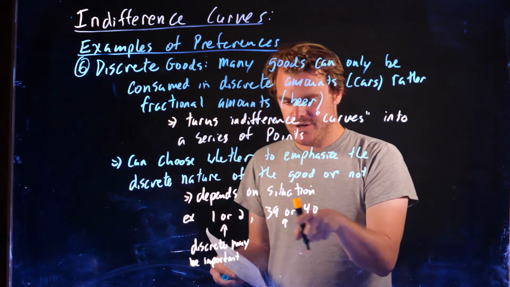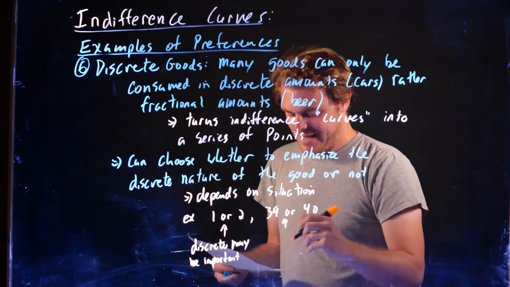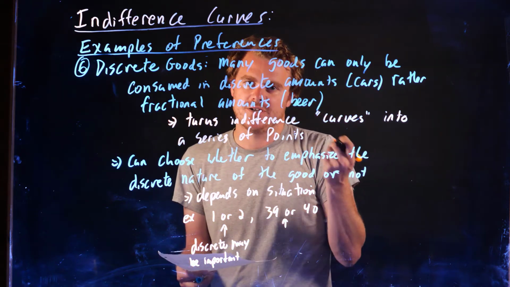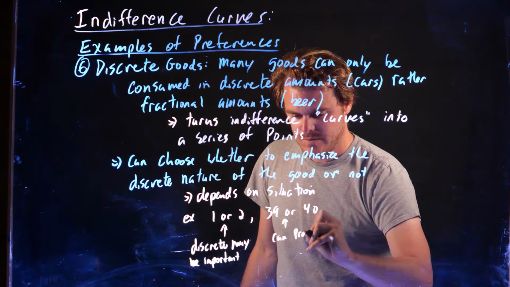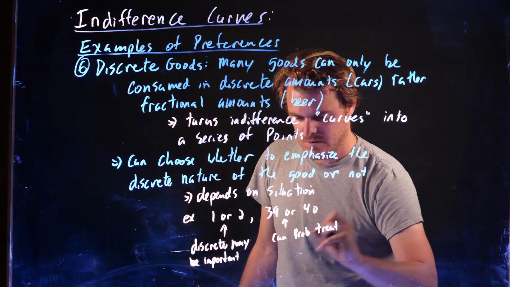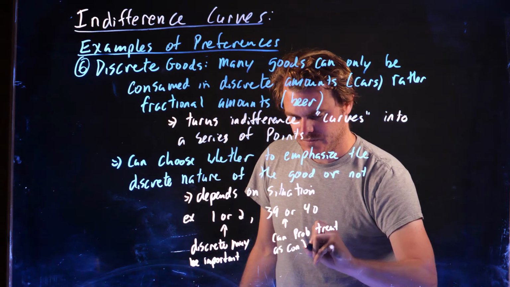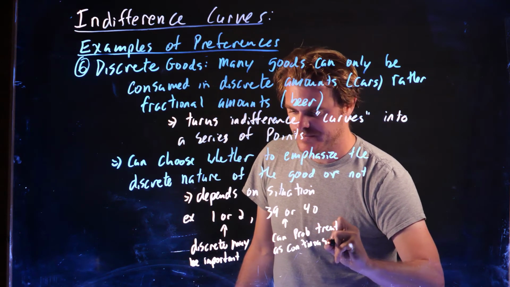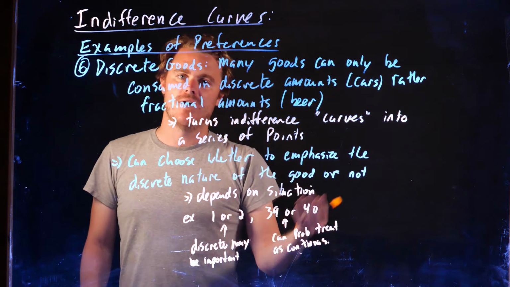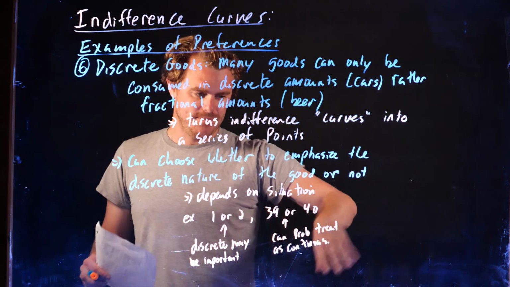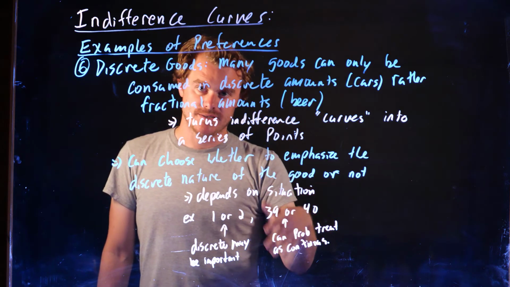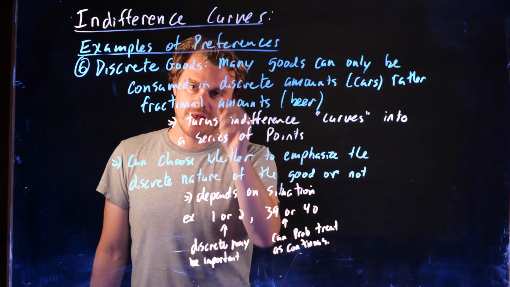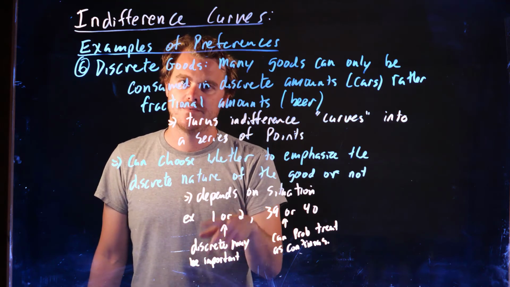Where you're having 39 or 40, you can probably just start to treat it as a continuous good, where you can have fractions of the good. So it depends on the situation. For the most part, we're going to treat a lot of these goods as fractional or continuous. So we have indifference curves rather than a series of points for discrete goods.